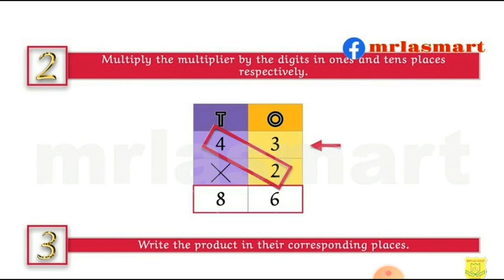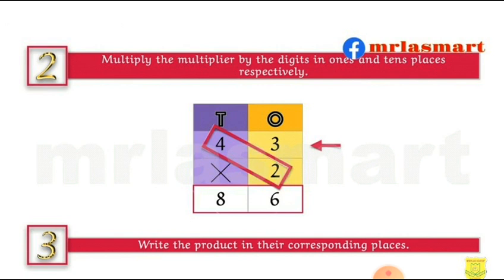So, 2 ones are 2, 2 twos are 4, 2 threes are 6, 2 fours are 8. That number 8 you can write below in the tens column, in that corresponding place.